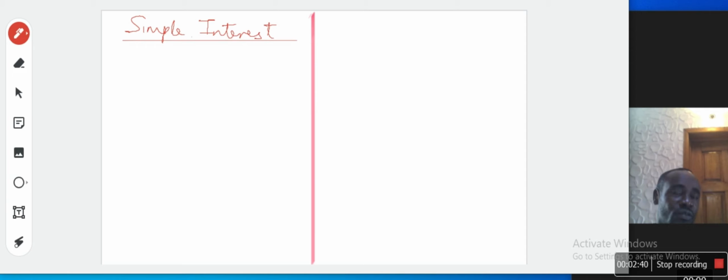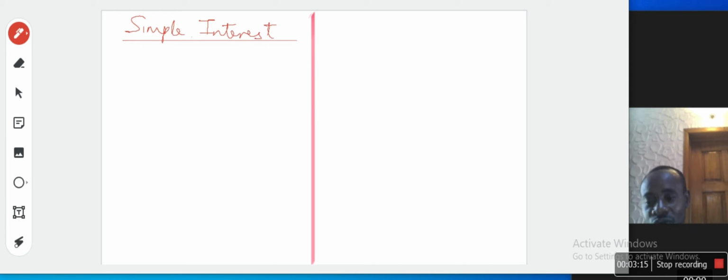I'm going to give you a simple equation that can connect all of these. It can also apply when someone borrows some money from a bank or from an investment company. When he wants to pay back, obviously he's going to pay the amount he borrowed, which of course is a principal, plus a certain interest that the investment company or the bank will charge him for using their money to do business.